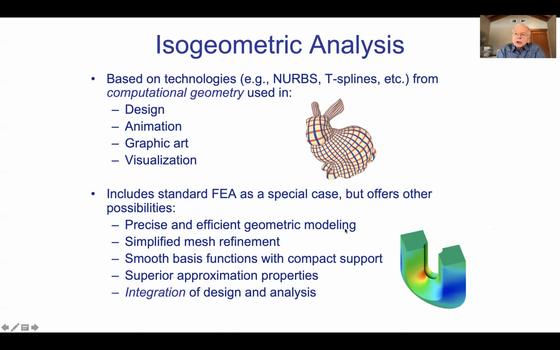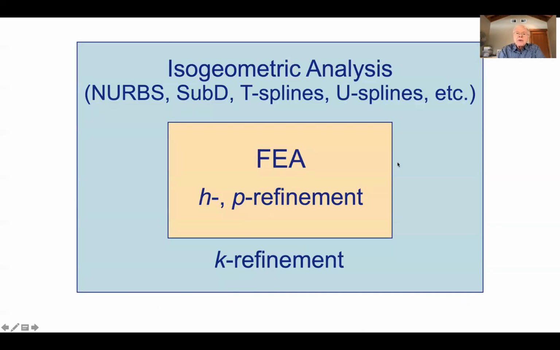Precise and efficient geometric modeling, simplified mesh refinement algorithms, smooth basis functions with compact support so you can go directly after higher order PDEs, superior approximation properties, as you will see, and the integration, of course, of design and analysis.